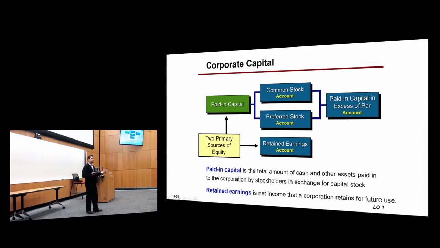Because net income, what do you do with net income? The company might decide to pay part of it as dividend, right? So the company might share part of the net income with their investors as dividend, and then the remaining part will be retained earnings.